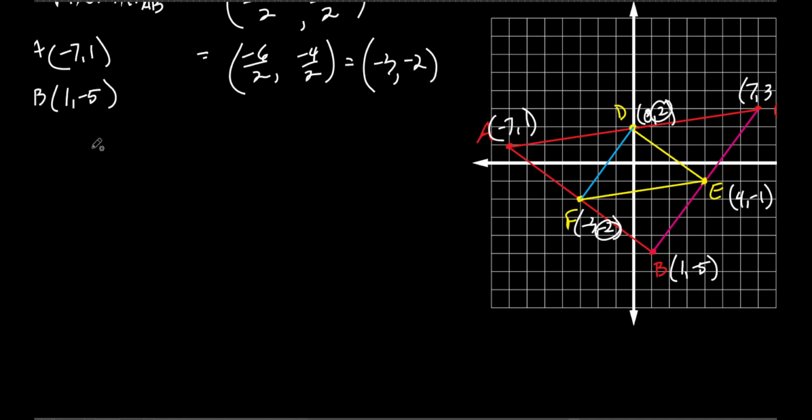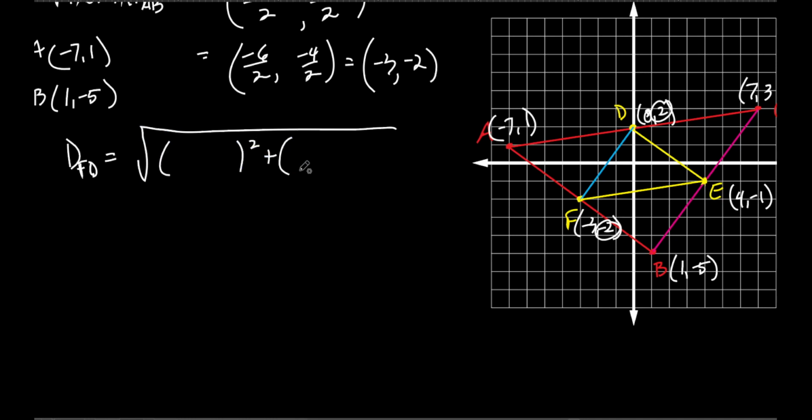Let's find the lengths. I'm going to do it kind of quick because we're running out of time. The blue one, which is FD or DF, whatever you want to call it. We just did distance not too long ago, so we should have that down pretty good now. What's the distance of the blue one? What do we do? Subtract the x's. 0 minus negative 3. Subtract the y's.